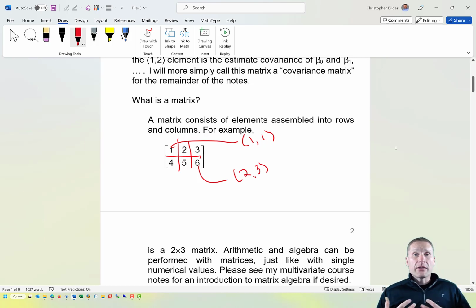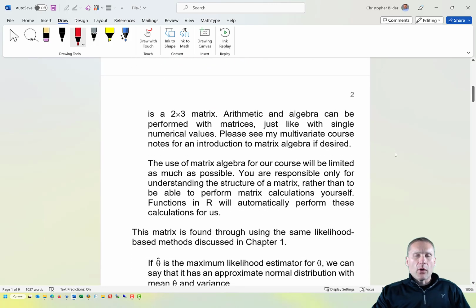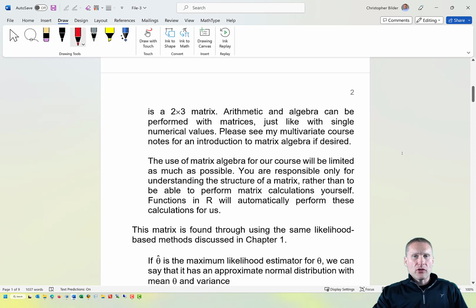Now, one can do arithmetic and algebra with matrices, just like what you would learn in a regular old algebra class, but now in a matrix-like format. If you want an introduction to that, you can see my multivariate course notes available from chrisbiller.com, and also my linear regression course notes. In our particular class, we will at times see these mathematical matrices.